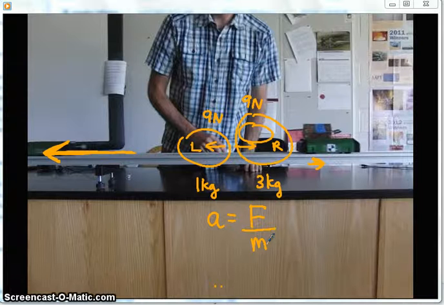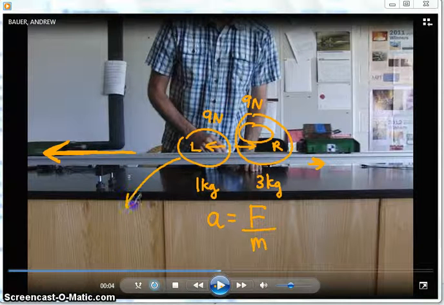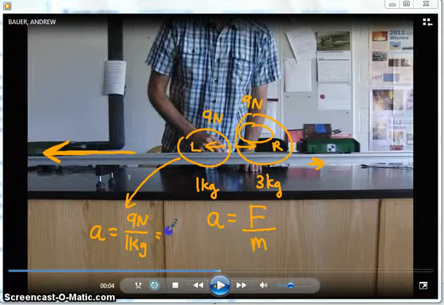So if we calculate what we would expect the acceleration to be of the car on the left, if the force is 9 newtons and that car has a mass of 1 kilogram, we would expect an acceleration of 9 meters per second squared during the push. What about the car on the right?